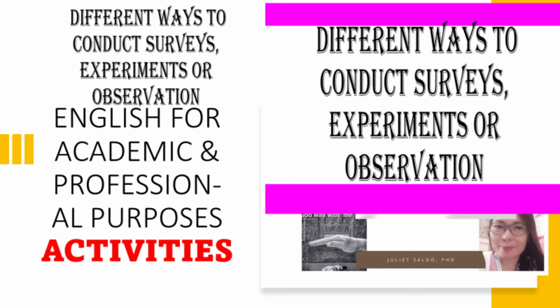Okay, what about the use of photographs and artifacts? Photographs and artifacts are useful when there is a need to collect observable information or phenomena such as buildings, neighborhoods, dress, and appearance.